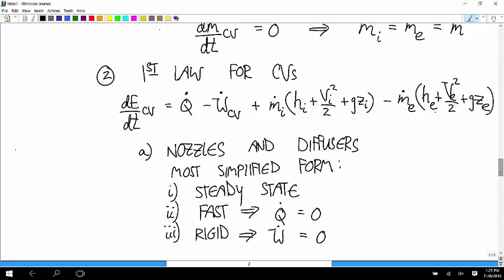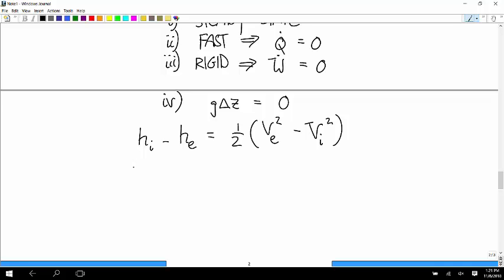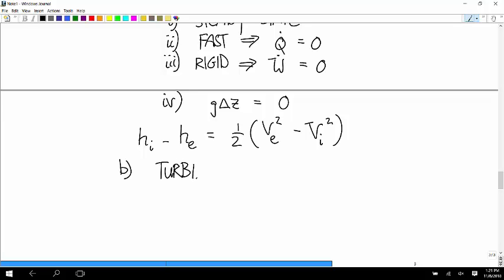Okay, so that is nozzles and diffusers. And then the second one is, I don't remember what order I went before. Did I do turbines next? Okay, so turbine. And so what are we going to assume for turbines? We're going to assume steady state.